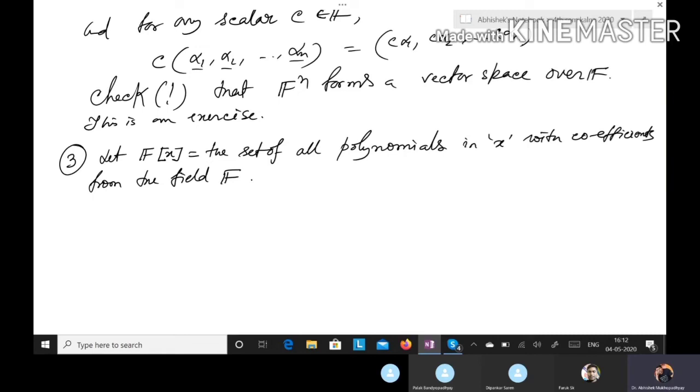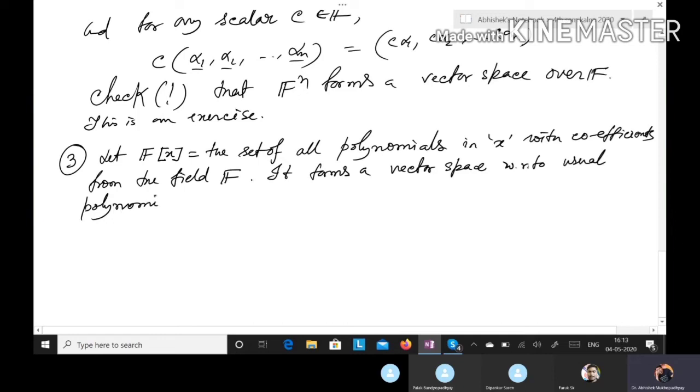But in addition to this, it forms a vector space with respect to the usual polynomial addition and scalar multiplication.